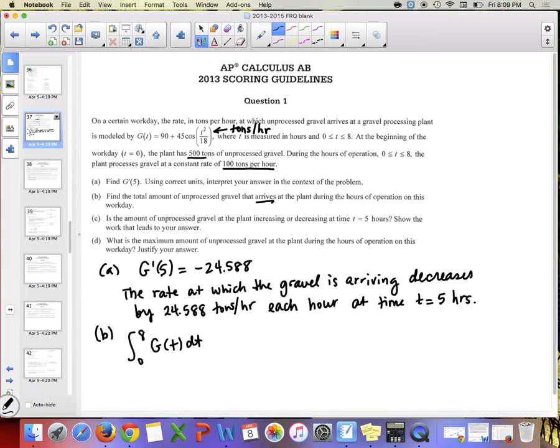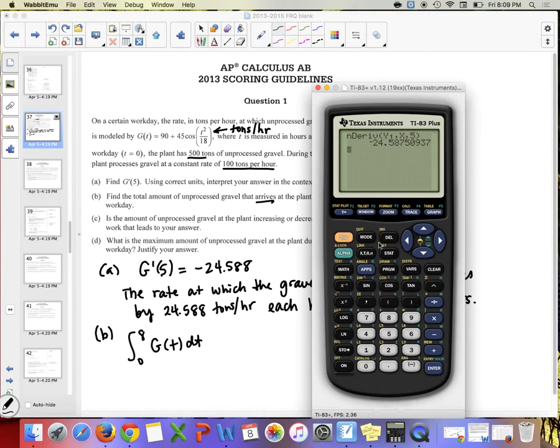Again, we have this in as y1, so I'm just going to do math 9 and integrate. I'm going to do vars, y vars, function y1, and you might have the fancier font where it actually sets up the integral, and we're going to go from 0 to 8. If you have the fancier one, you just put it in exactly like this with g of t being y1.